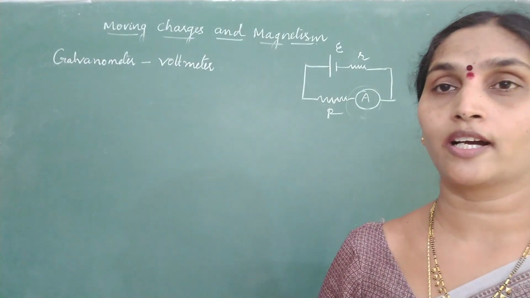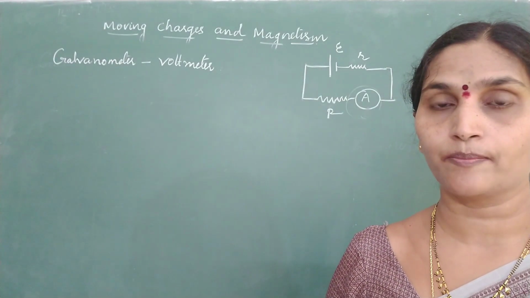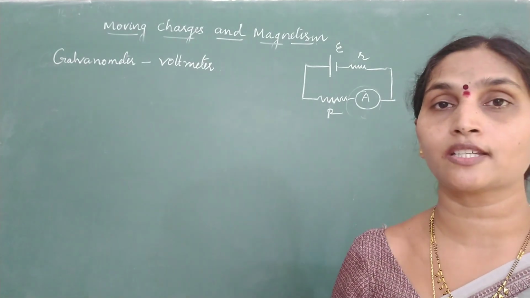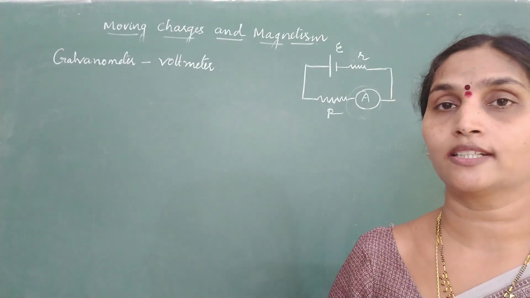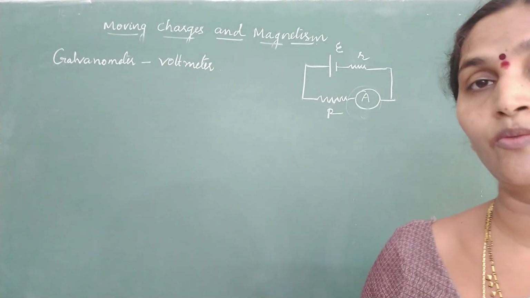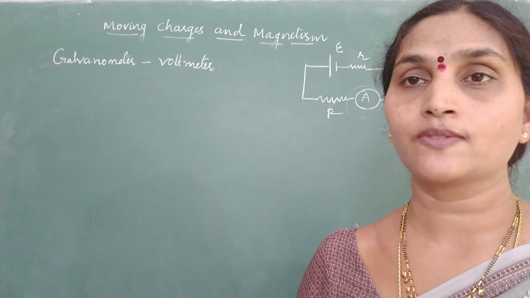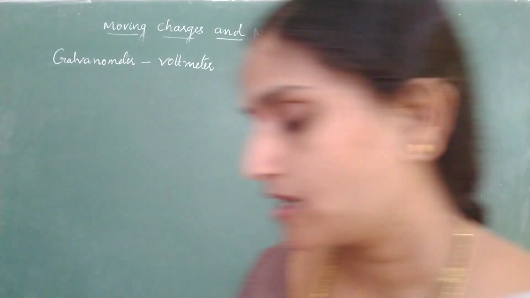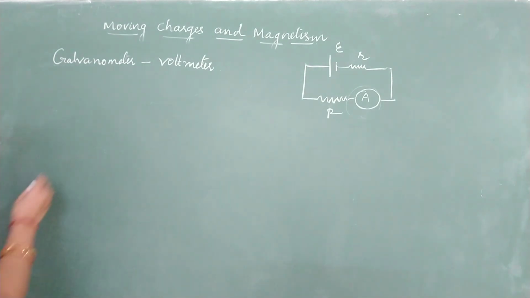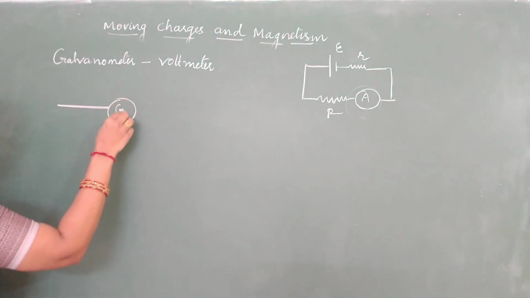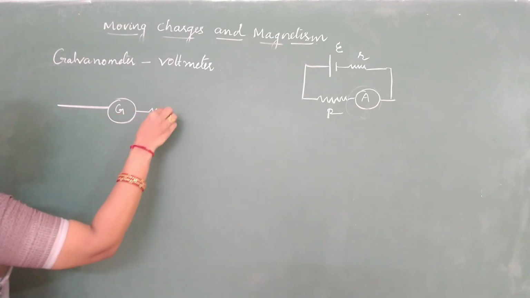Now let us see how to convert a galvanometer into a voltmeter. We know a voltmeter is a voltage measuring device used for measuring the potential difference or the terminal voltage. To convert a galvanometer into a voltmeter, look at what changes we have to make. We have seen in the ammeter we added a low resistance shunt in parallel, whereas a voltmeter is obtained by adding a high resistance.